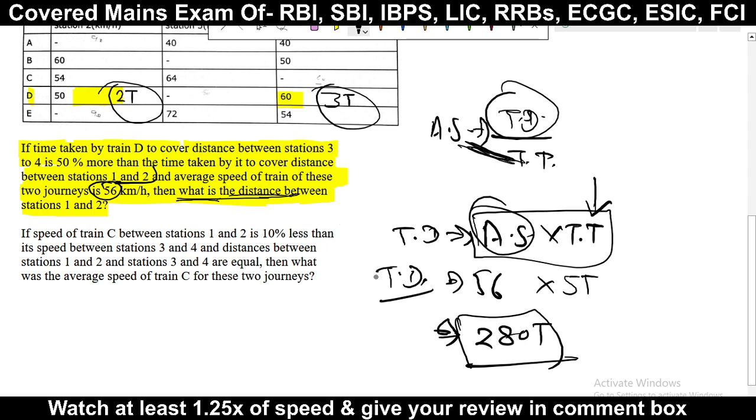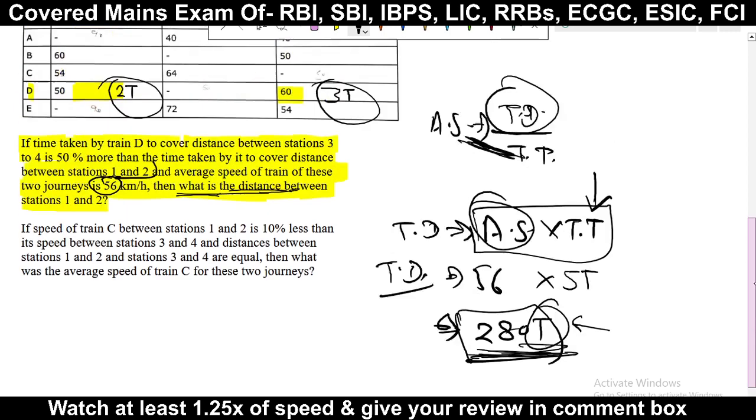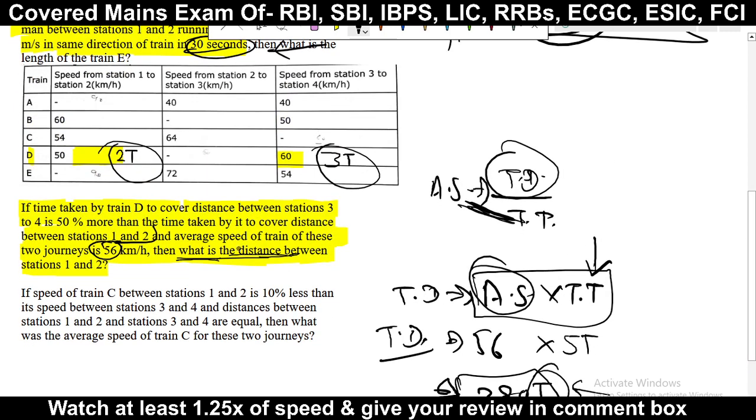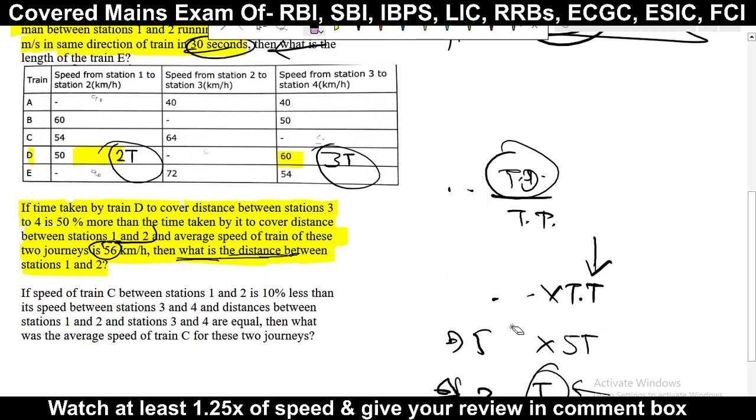Can you get a numeric value when the variable is still there? No. So we cannot answer this question. Data is not sufficient. Got it? So this will be our option.